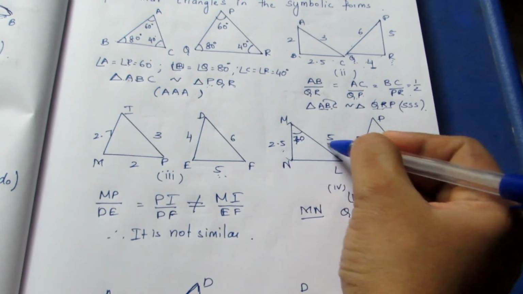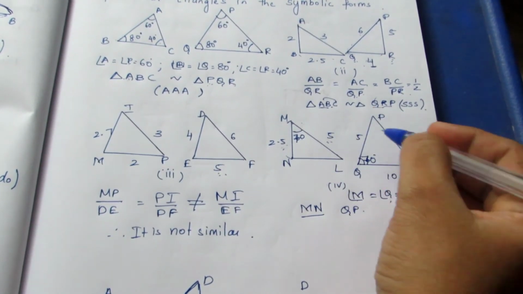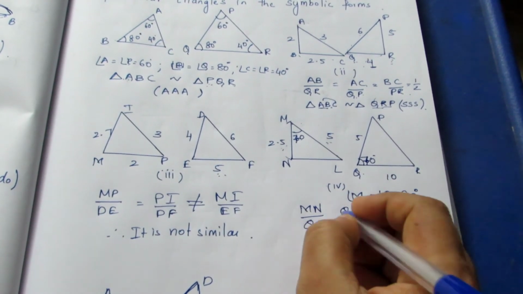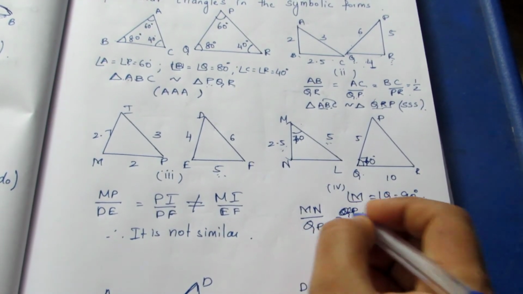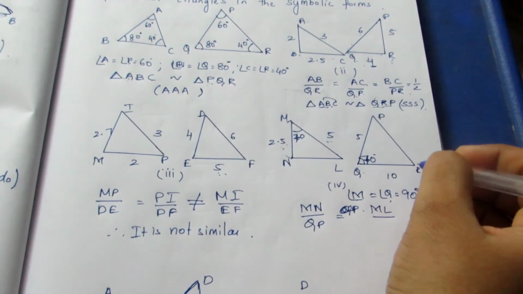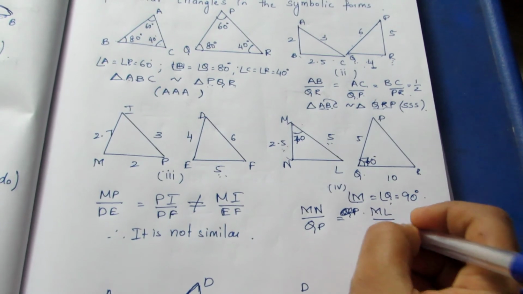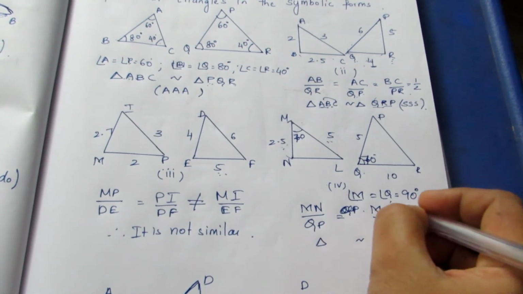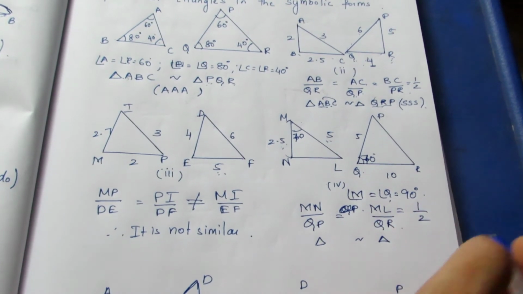In between two sides, the M is here. So in between two sides, Q is here. So I am writing MN by QP, which is equal to ML by QR. Now we can write the two triangles similar because it is 1 by 2.